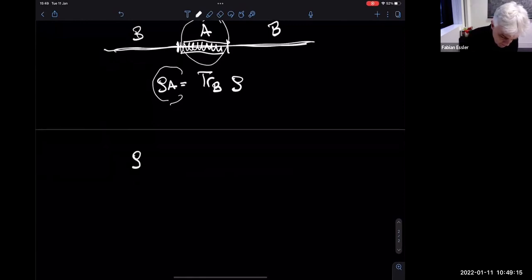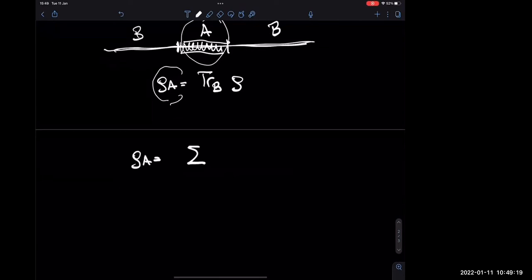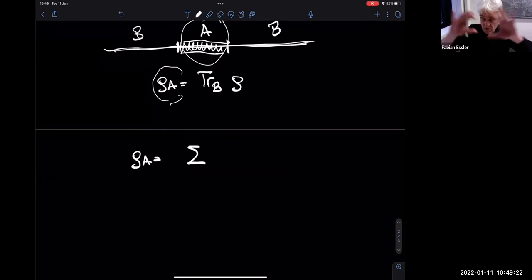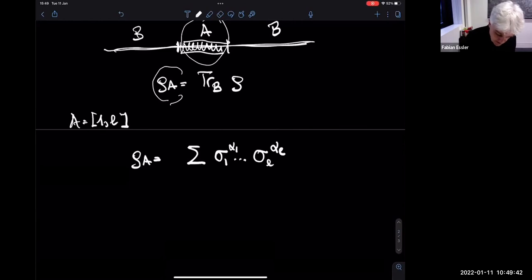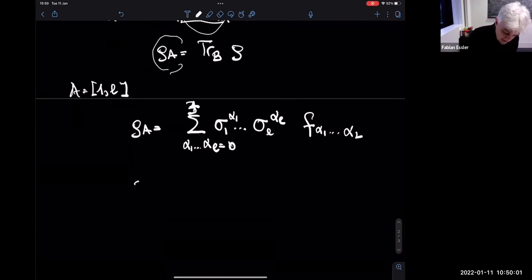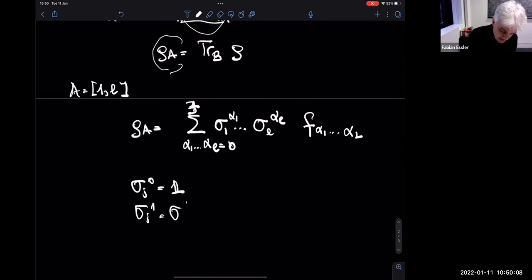The way to write this rho A is basically as the most general operator that can act on A. So this would be sigma 1 alpha 1 through sigma L alpha L. Let's just take A to be the interval from site 1 to site L. Then you sum over alpha 1 to alpha L, running from 0 to 3, and here you have some coefficients F alpha 1 to alpha L, where sigma J0 you define as the identity operator, and sigma J1 would be sigma X on the site J, and so on.